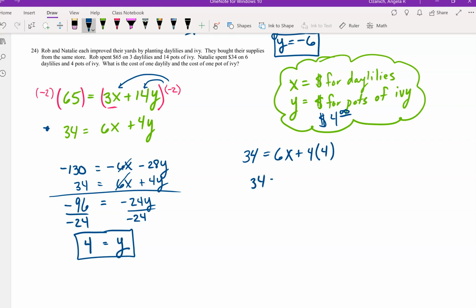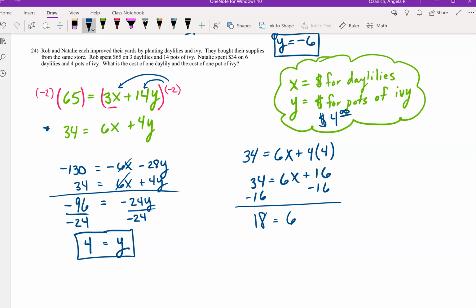So I'm going to use that information to keep solving, and subtract 16 from both sides. And what's that going to leave us with? So that's going to leave us with 18, right?